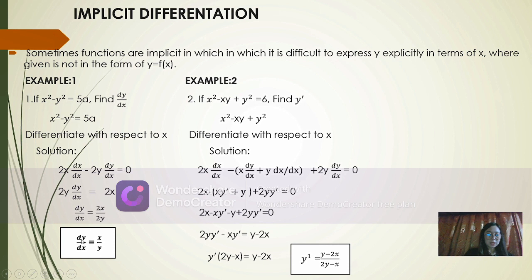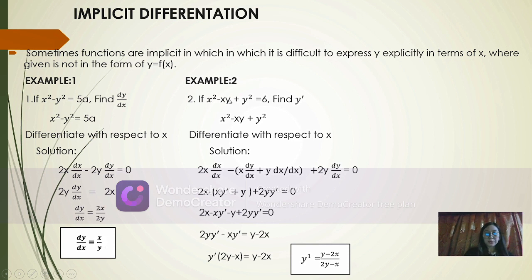So, sulat natin dito, dy over dx is equal to x over y. Bakit naging ganun yung sagot? Kasi kinansel natin yung parehas na 2. Kaya naging x over y yung sagot natin.